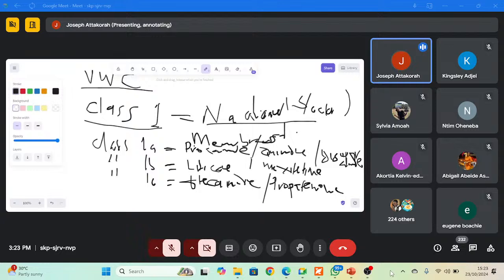So let's learn about the binding effects. We have class 1A, but let me start from class 1B. If I start from A to B, you won't appreciate this. Class 1B is subdivided based upon the kinetics of the sodium channel effect, the binding effect.